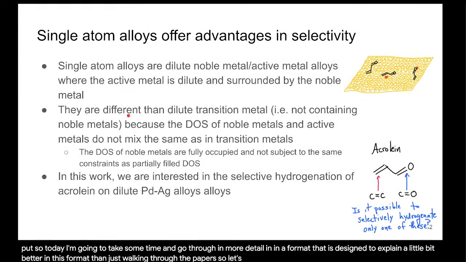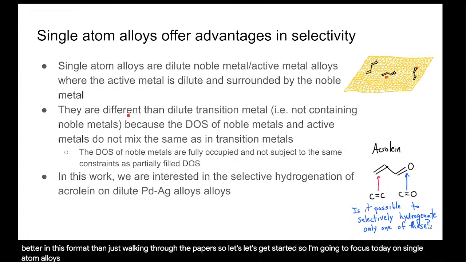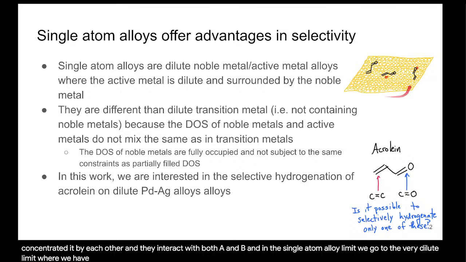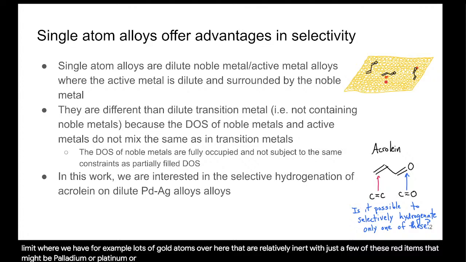So let's get started. I'm going to focus today on single atom alloys, and I'm going to take a minute to say why those are different from regular alloys. Regular alloys are where metal A and metal B are surrounded by each other, and they interact with both A and B. In the single atom alloy limit, we go to the very dilute limit, where we have, for example, lots of gold atoms over here that are relatively inert, with just a few of these red atoms that might be palladium or platinum or something that's very active.